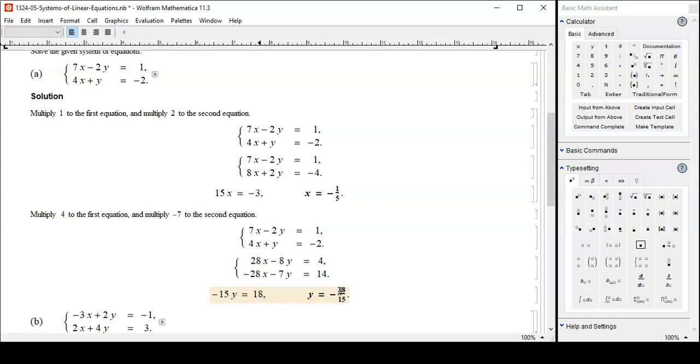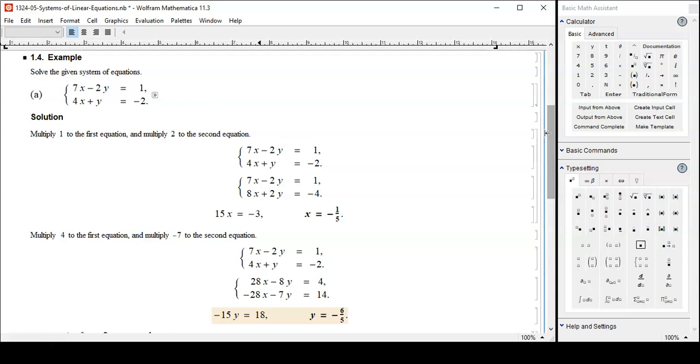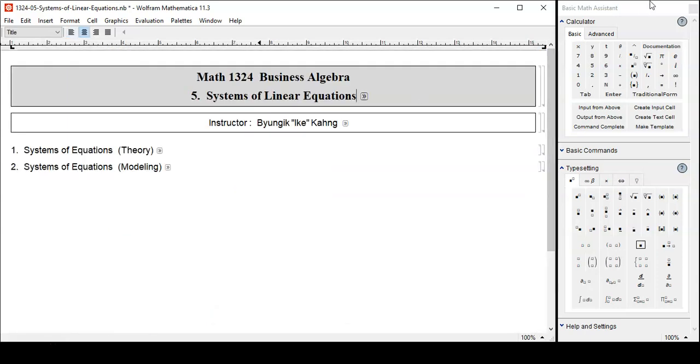So 18 over 15, yes, it simplifies okay. So yes, the answer I have over there is correct. Okay, so much for the elimination method.